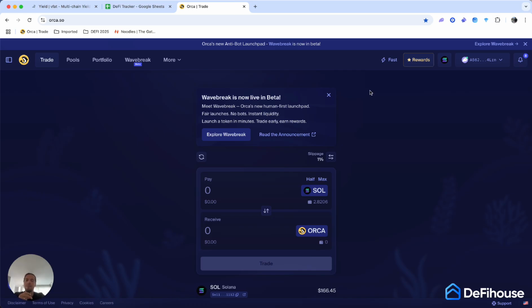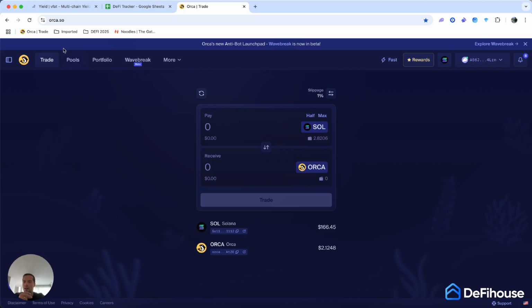So as you can see, if you come to orca.so, this link right here, you are basically able to swap between different assets, right? And that's what I mean.